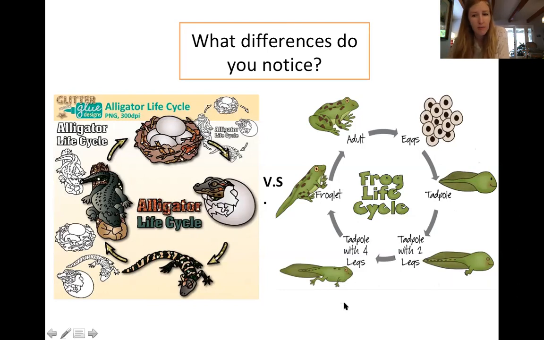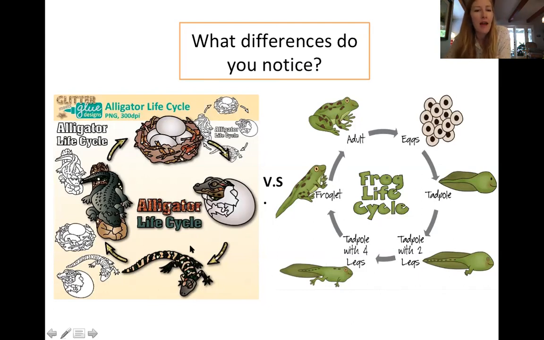And then the front ones pop out. And their body kind of gets longer. We get to the froglet, which almost looks like a frog, but it does have that long tail. And then finally that adult frog, which will go on to produce more eggs, and the life cycle will continue.